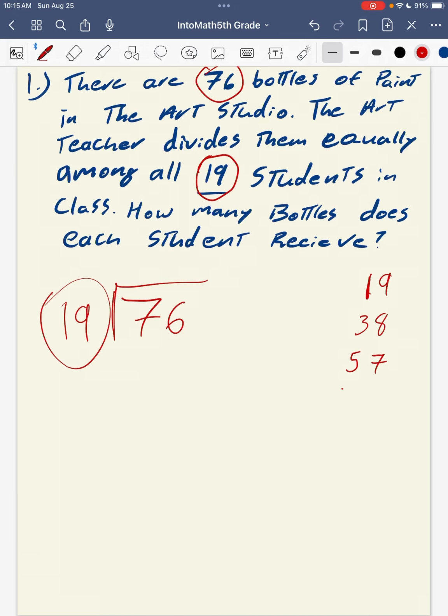And one more 19 adds up to 76. 76 is the fourth multiple of 19. By writing it out, I can figure out that 19 times 4 equals 76 and can subtract from there.